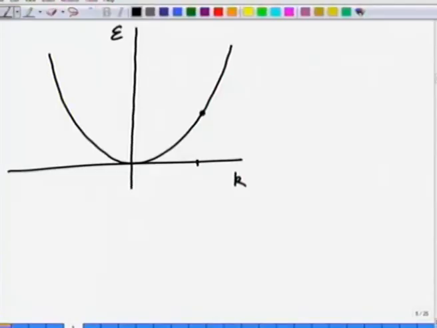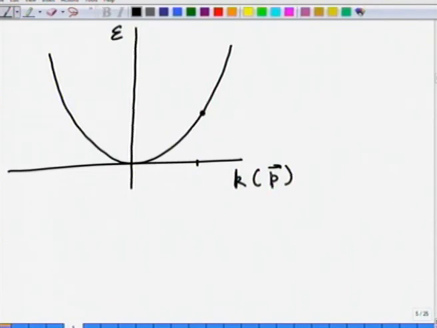The slope of the E versus k curve tells us the velocity. Notice what we are trying to do. At the end of the day, we have an energy versus k relationship. Remember, k, I have already said, relates to momentum.